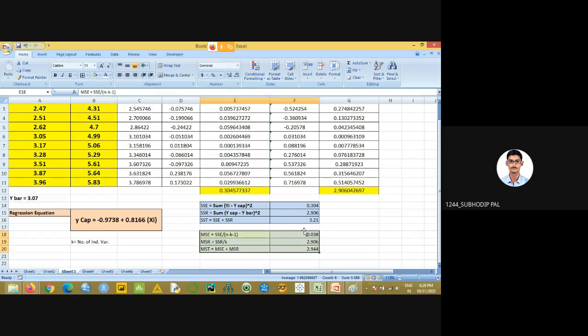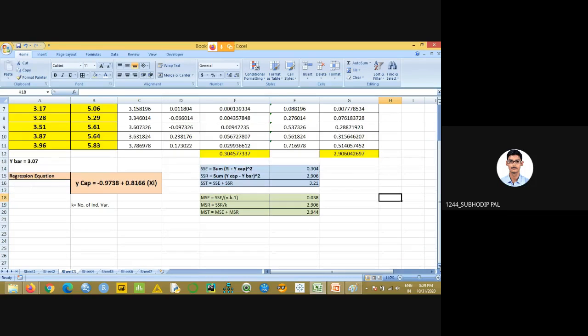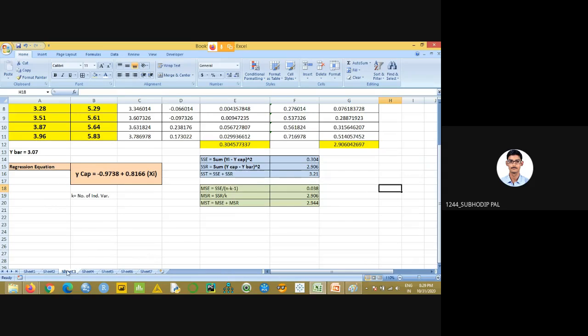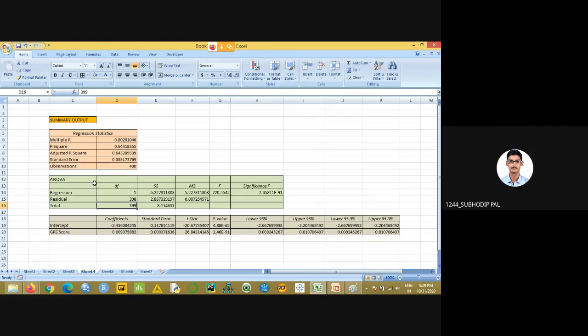You got it? Any doubt in this? Okay. Now I have the ANOVA table, right? I have to calculate another thing, the F value. What is the formula of F value? How do you calculate F?